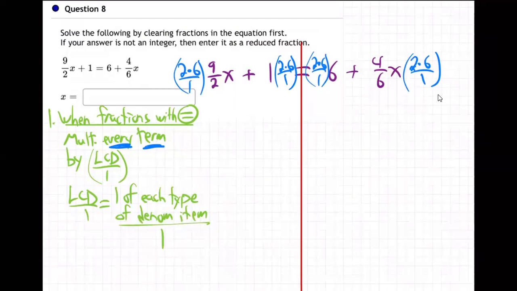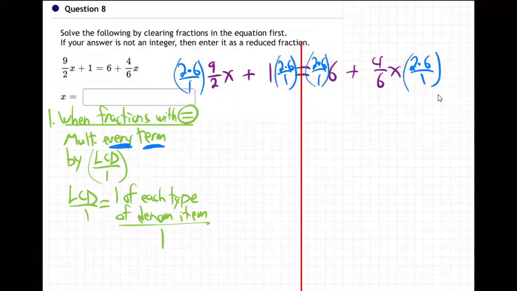That would actually be just 6, but don't worry about it. I'm basically doing a common denominator, 1 of each type of denominator item. So I just look at the denominator items in the beginning, 2 and 6, grab both of them, put it over 1 and put it to everybody. Every term gets it, not just the fractions, but every term.